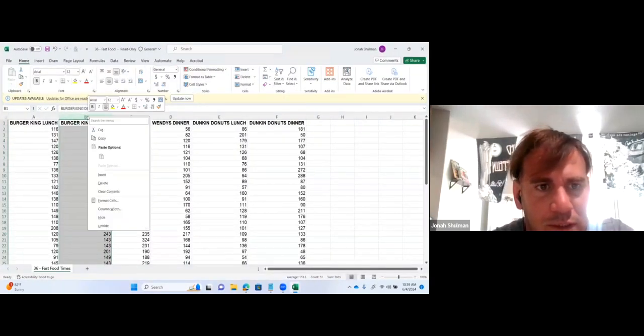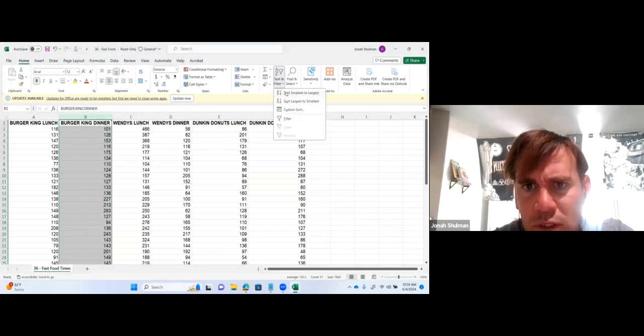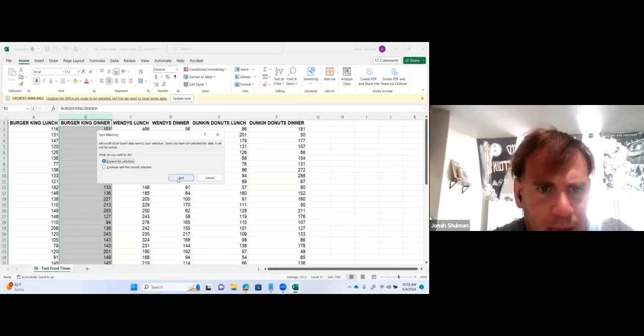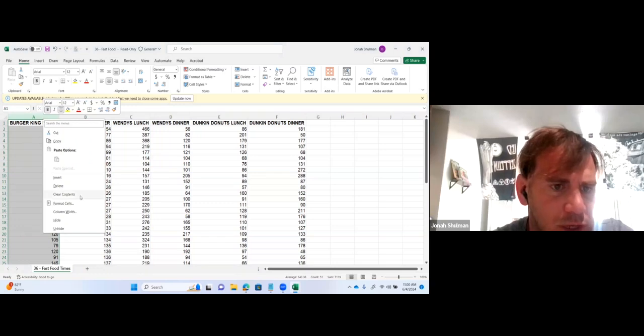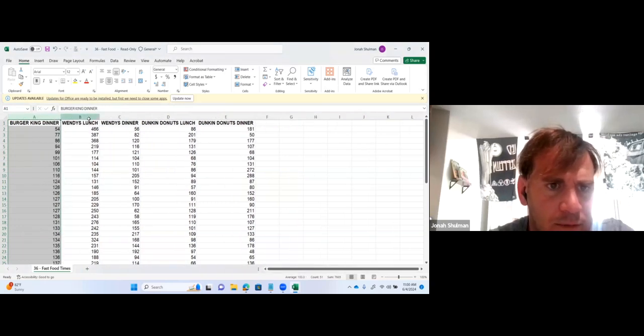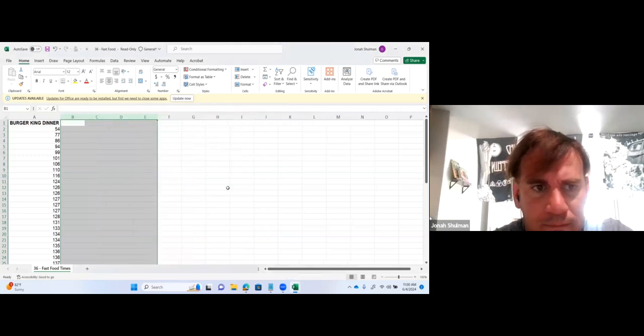So the best thing about this one, when I sort this, I don't have to expand it. I can literally just continue with this because I don't care about these. They're not linked like that other one was, which is nice. So I'm gonna delete this column. I'm gonna delete all these just so I have space to work in here.